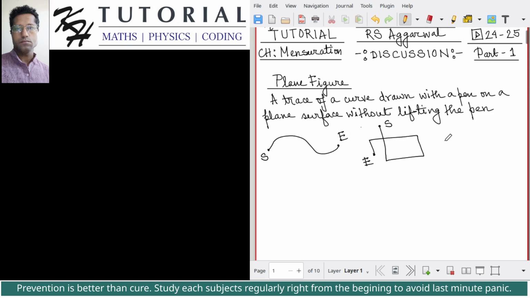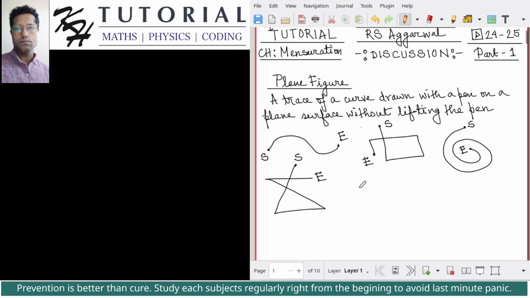Let's draw a few more figures. This is also a plane figure. This was my starting point and this was my end point. Let's see a few more examples. This is also a plane figure. This was my starting point and this was my end point. Similarly, I hope it is clear what is meant by a plane figure.